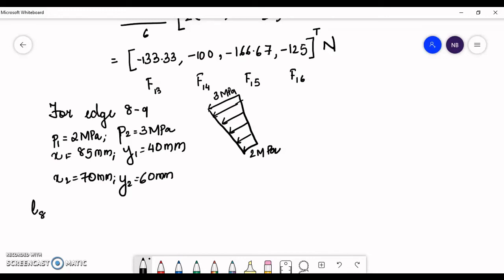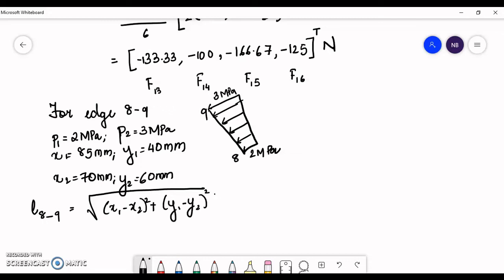The length of 8, 9 is under root of x1 minus x2 the whole square plus y1 minus y2 the whole square, and on substituting the values we get 25 mm.